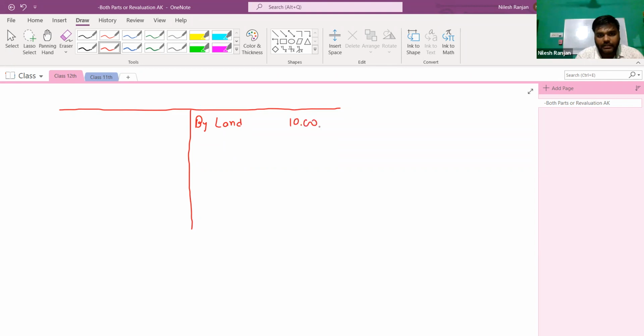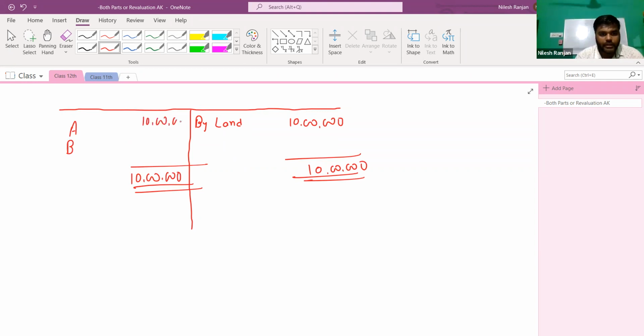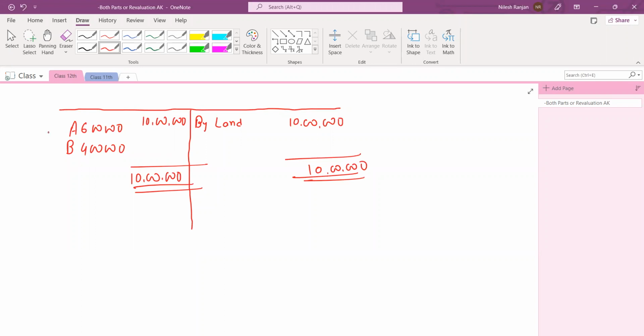This profit we have to distribute between A and B in the old ratio, that is 6 lakh and 4 lakh. A is getting profit and B is getting profit.